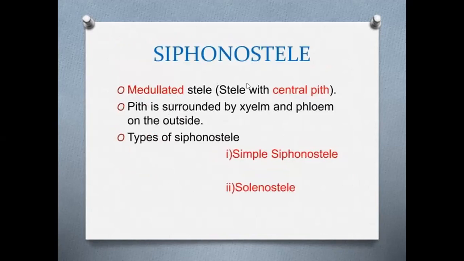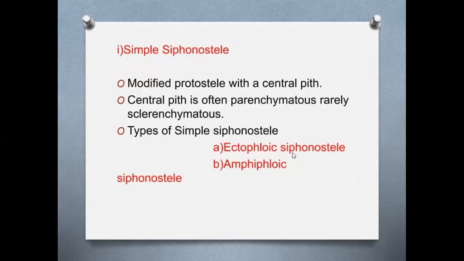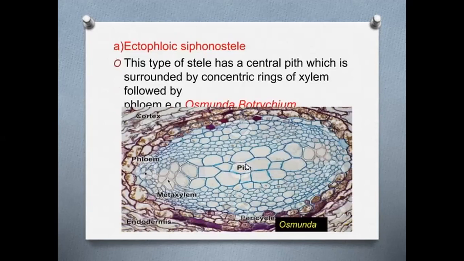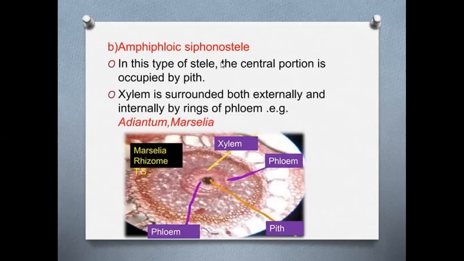Okay, this is about siphonostele, and that too, this is about simple siphonostele with reference to ectophloic and amphiphloic. Ectophloic siphonostele, example you can observe in Osmunda, whereas amphiphloic siphonostele, the best examples are in Adiantum and Marsilea.